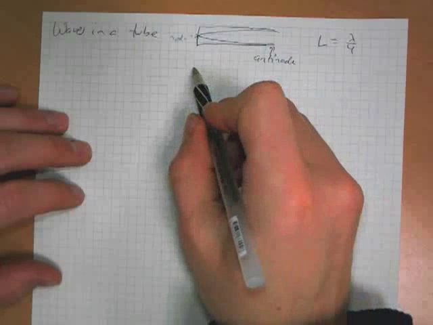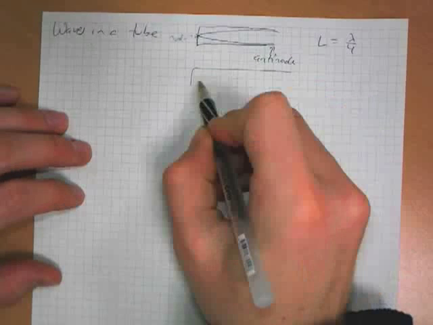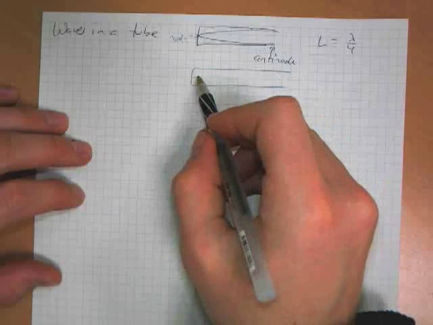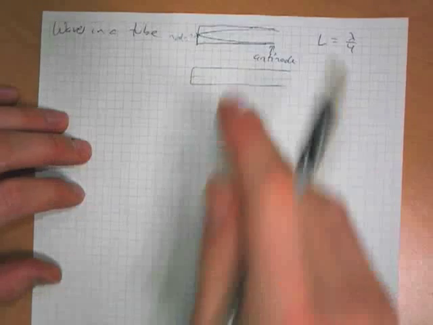Now if this end is a node and this end is an antinode, it skips what would look like our first harmonic for a string.